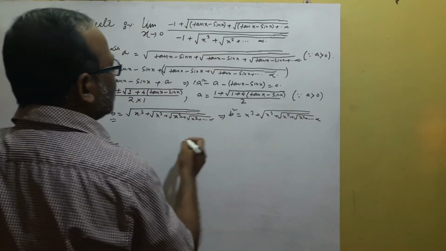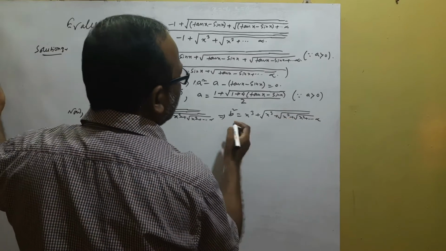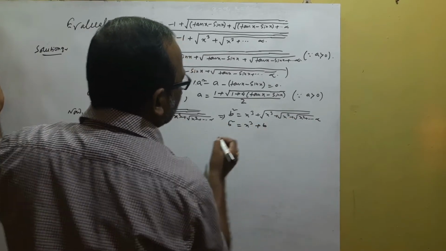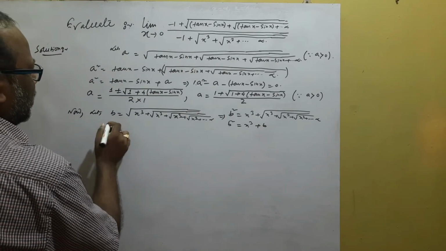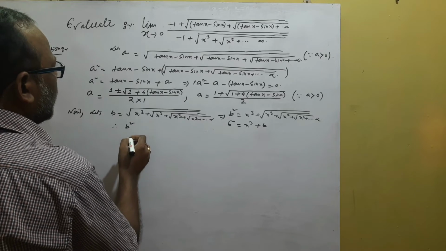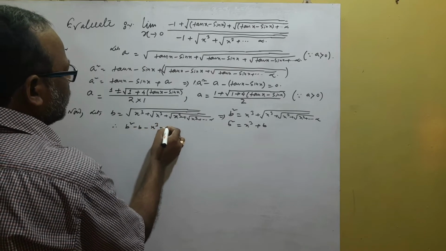We got the same pattern, that is the formation of b. We put b here, so b square is equal to x cube plus b. Therefore the quadratic equation in the variable b is b square minus b minus x cube equal to 0.